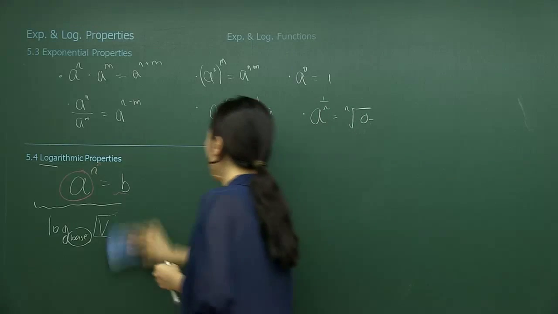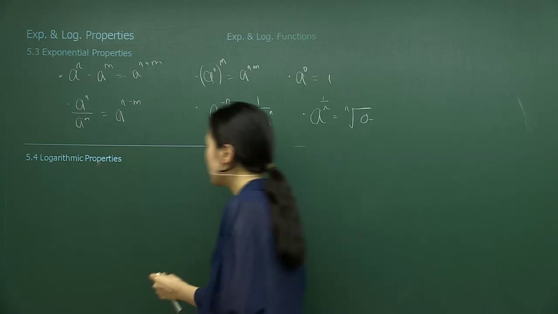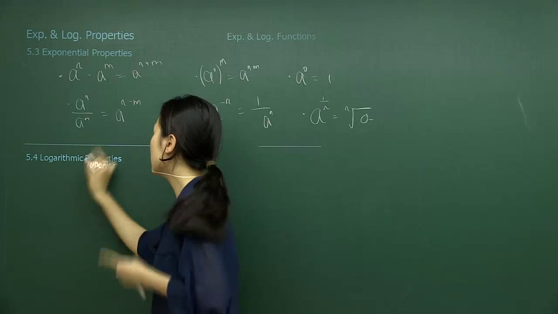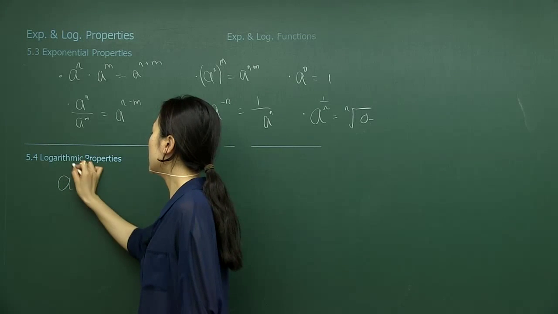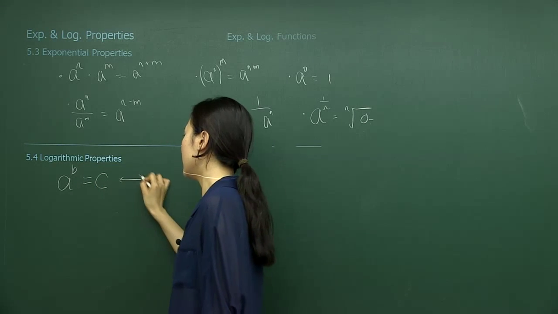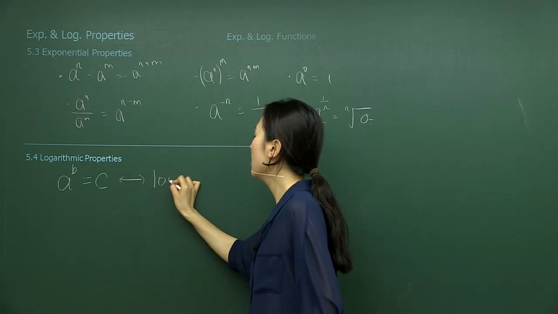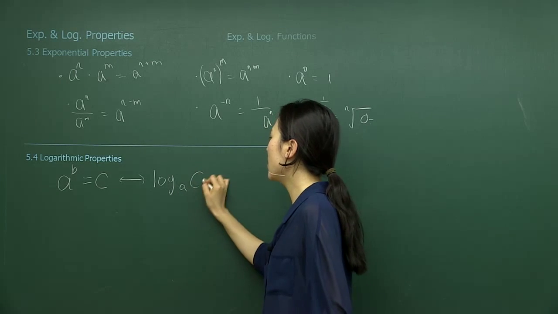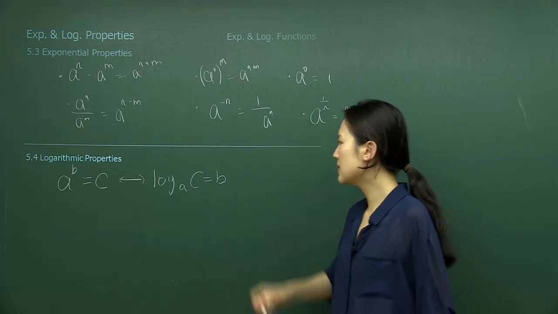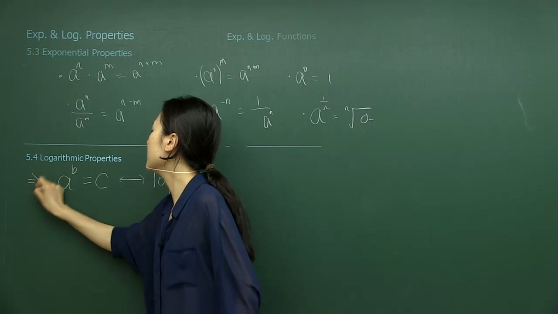Before anything, you must understand how to convert one to another. Again, I'll just use a, b, c. If you have a to the power of b that equals c, you convert that into log: the base is the base, and you swap the rest of the values around. So this is how to convert.